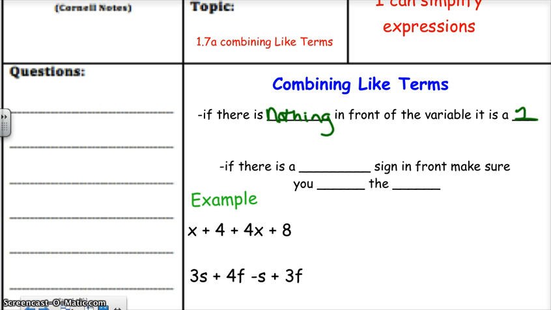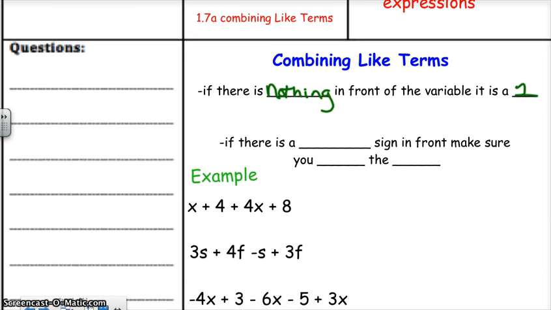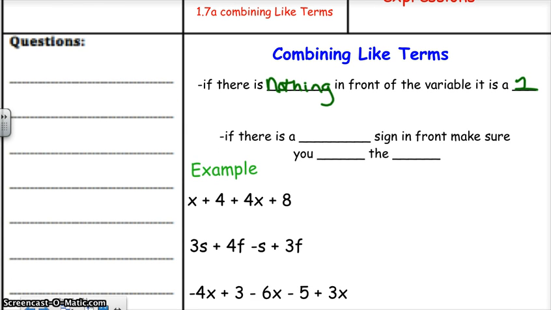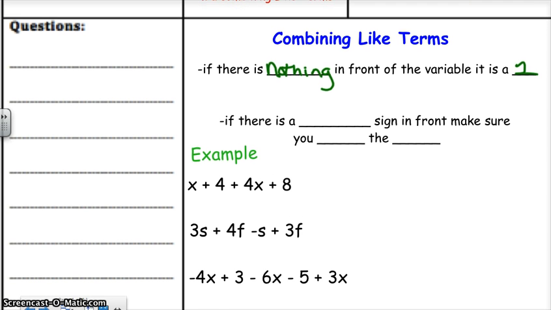You just don't write it down. Mathematicians don't write 1x, 1y, 1a. You just write x, a, or y. Okay? If there is a minus sign in front, if there's a subtraction sign in front, make sure you add the opposite.